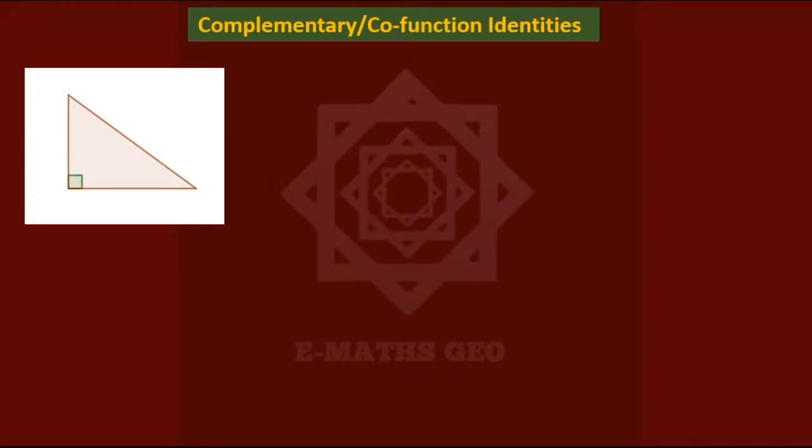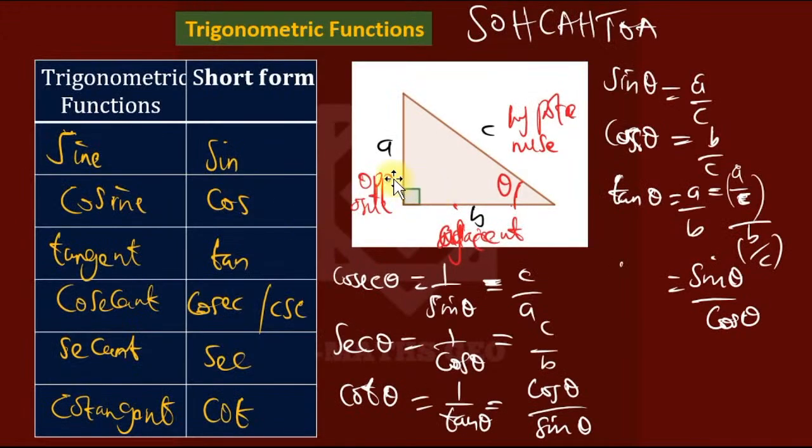Before now, let's go back. Before now, we know that assuming you have a triangle ABC with this angle theta, and from this acronym SOHCAHTOA, we've got this.